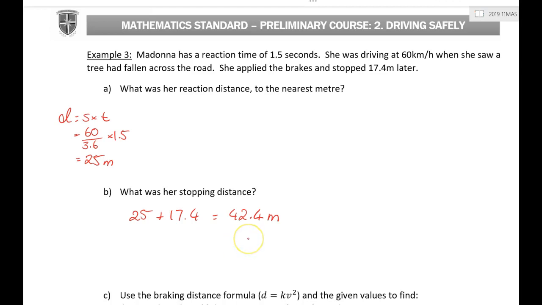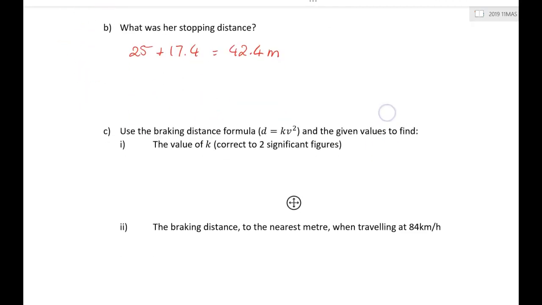If you can't stop in less than 42 metres, then you need a buffer in case something should appear in front of your car, perhaps someone walking out between a couple of parked cars, a small child or something like this. If they are less than 42 metres in front of your car when you see them, you won't be able to stop. Of course, these figures are fudged a little bit, they're made up a little bit, but they're reasonable enough.